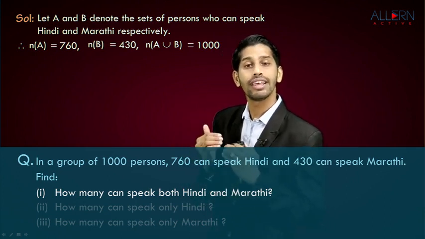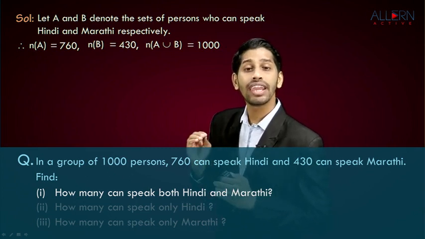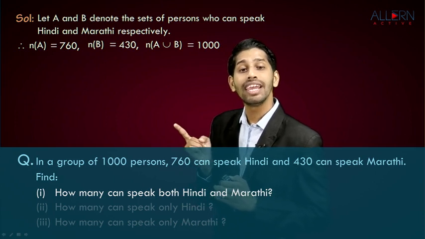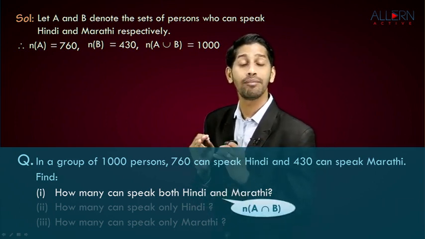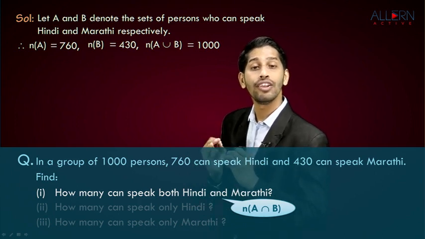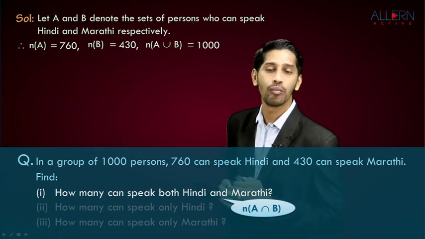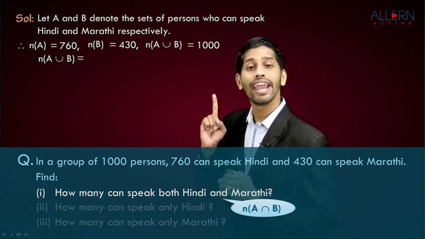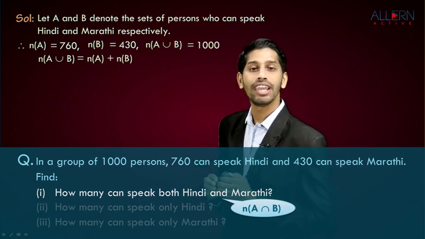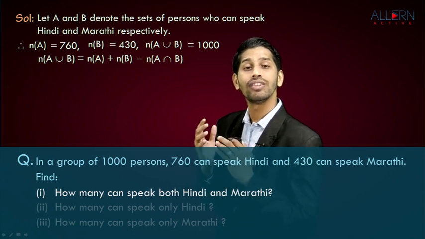Now let's see what exactly we need to solve. First question says: how many can speak both Hindi and Marathi. When we say and, it means intersection. That means we need to find the value of n(A ∩ B). Let's apply the formula. We know that n(A ∪ B) = n(A) + n(B) − n(A ∩ B). Let's substitute the values.